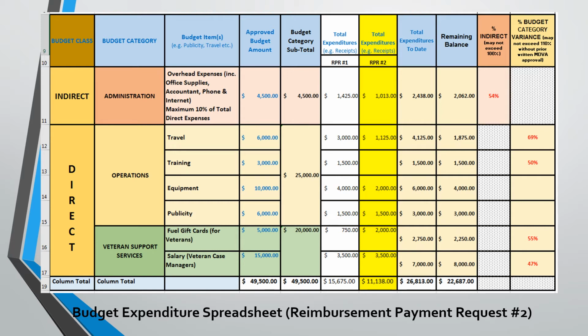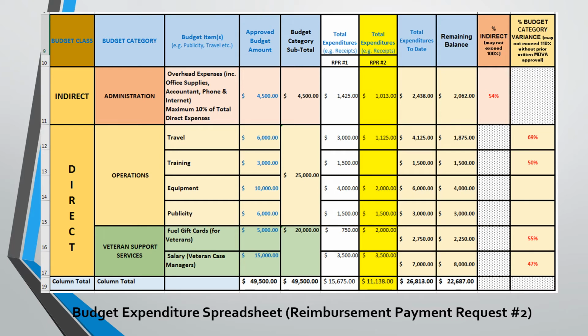Then they did some more work, they incurred some more expenses, they're ready to get reimbursed for this new set of expenses. So they go to the original budget expenditure spreadsheet and they add another column and they add their new expenditures, which in this example total $11,138, which will be the amount that they're requesting to be reimbursed.